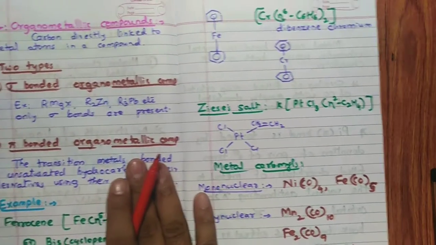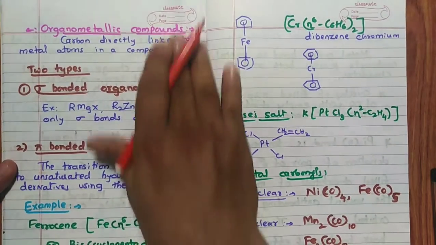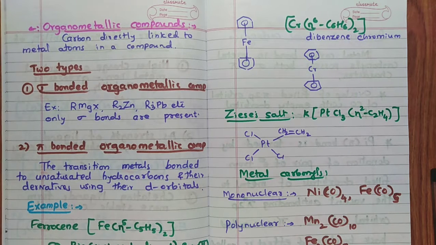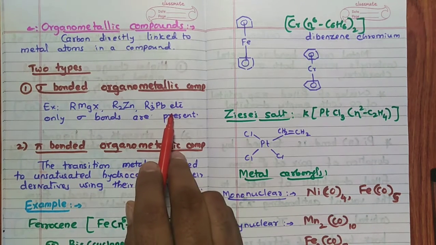Then we'll move to organometallic compounds. In an organometallic compound, carbon is directly linked to a metal atom. Remember, there are two types: sigma bonded complexes and pi bonded complexes. Examples of sigma bonded complexes are RMgX, R2Zn, R3Pb, like that.